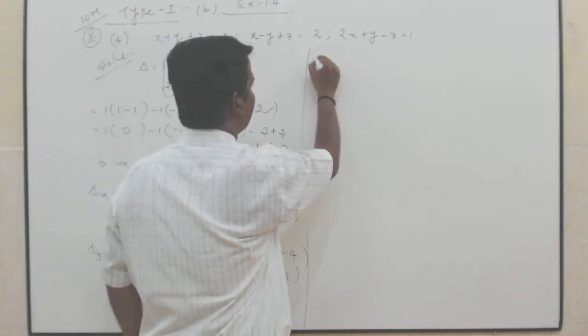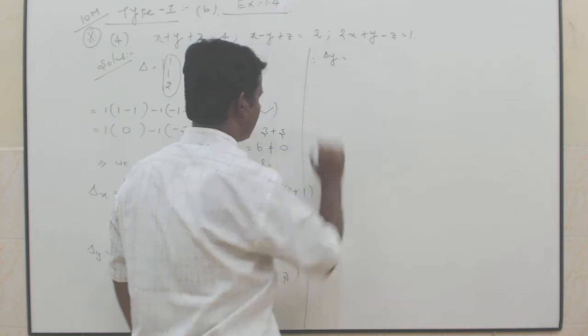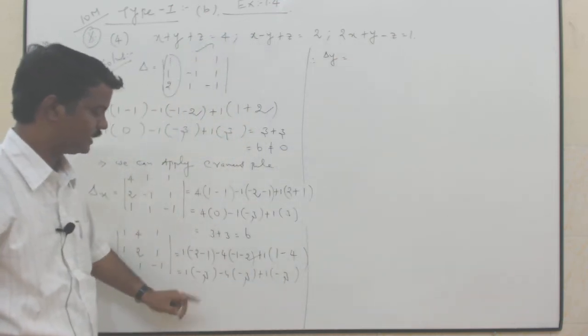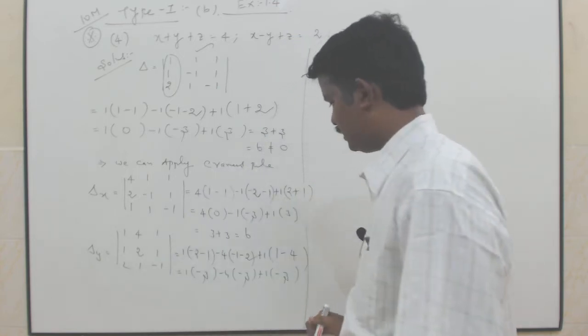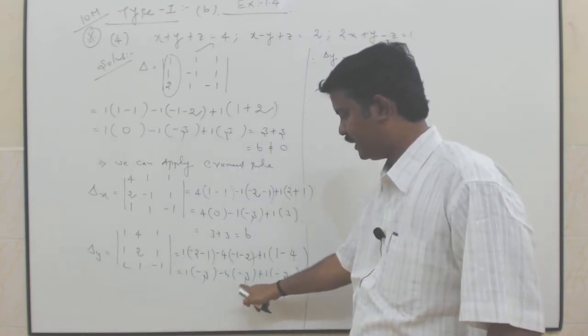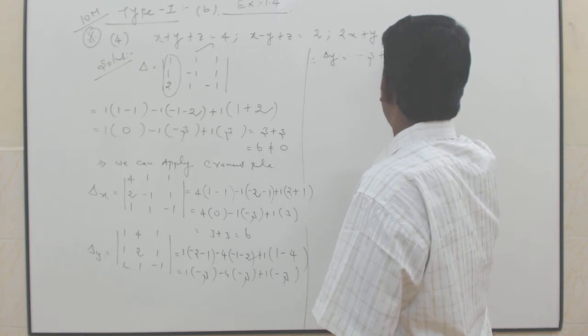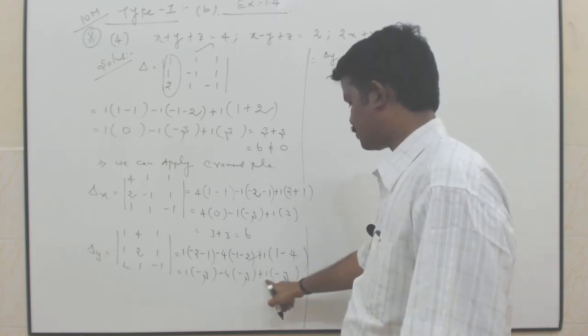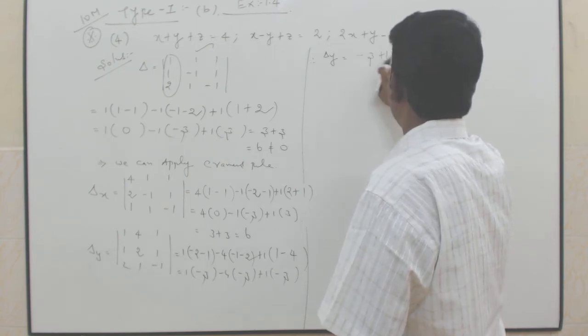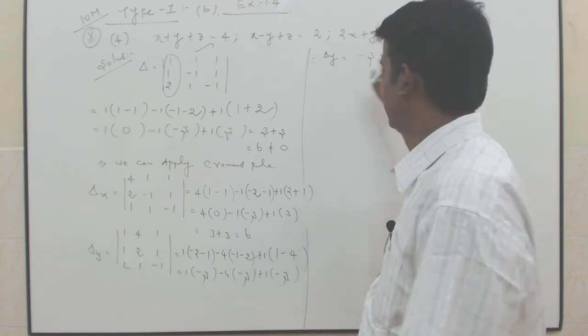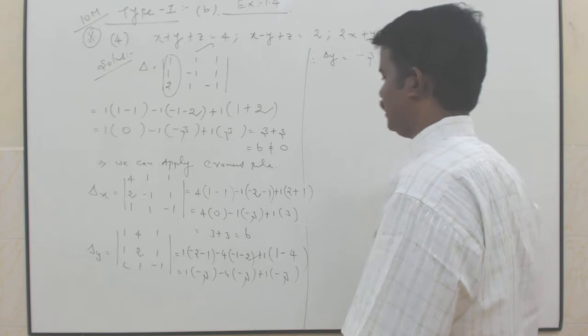So therefore delta y is, simplify this, what is 1 into minus 3? It is minus 3. The next step is to tell me what is minus 4 into minus 3? Plus 12. What is plus 1 into minus 3? It is minus 3. So here you have 12. 12 minus 3 is how much? 9. 9 minus 3 is, again you are getting 6.